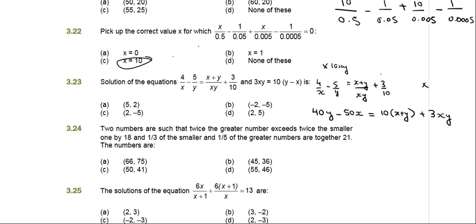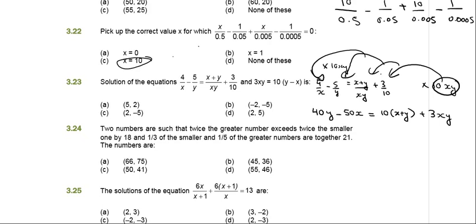I have multiplied both sides by 10xy, and I will multiply them with all four terms. So this will be 40y minus 50x is equal to 10 times x plus y plus 3xy.